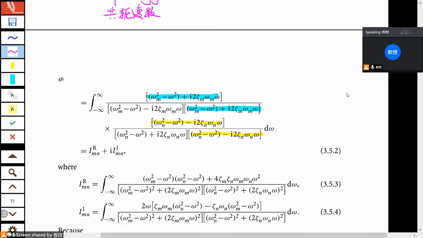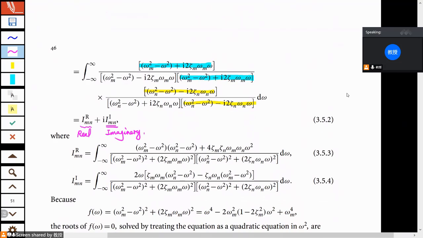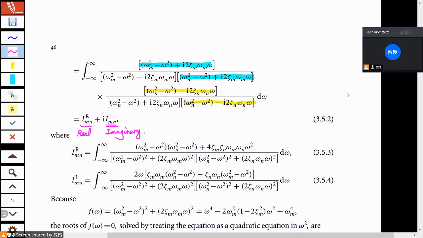So this is the real part, and this is the imaginary part. The real part is given by this integral, and the imaginary part by the second integral.